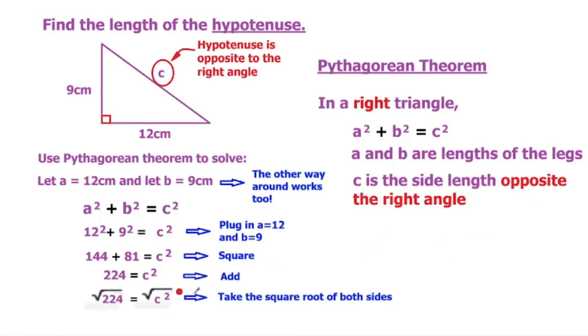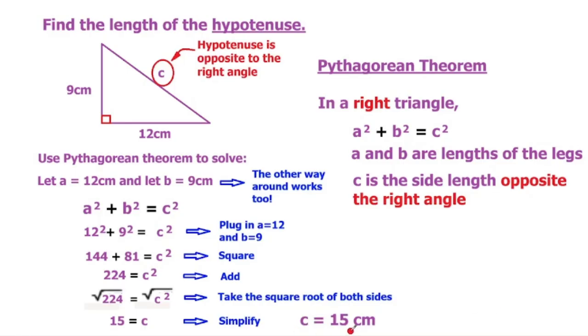So we could take the square root of both sides, right, to get C on its own, because when you take the square root of a square, you're just left with C, okay? So, and then we just take the square root of 224. The square root of 224 is 15. And then, of course, we're left with C here because the square and the square root sign cancel each other out. So we've simplified.